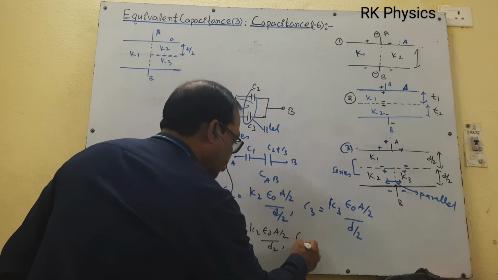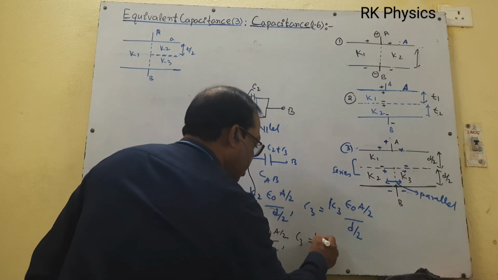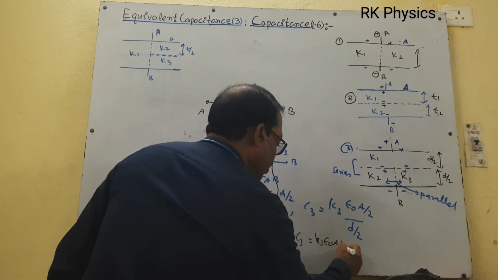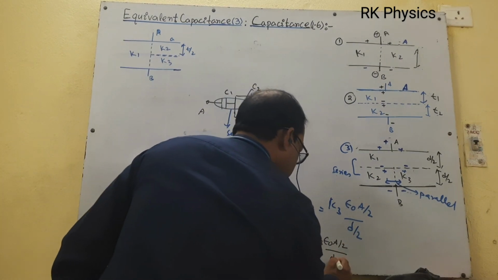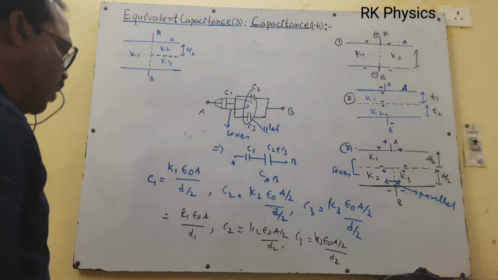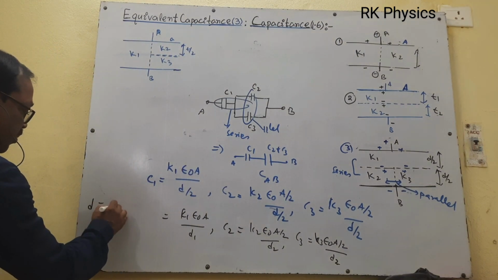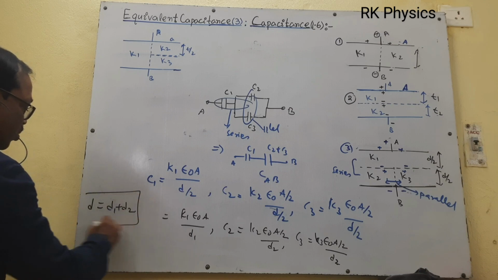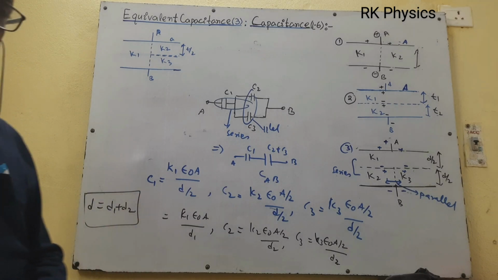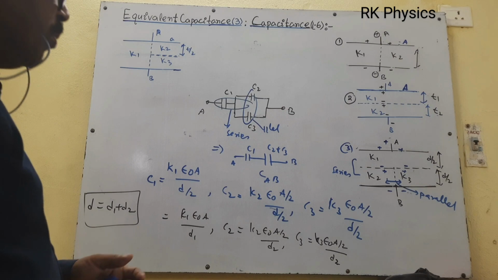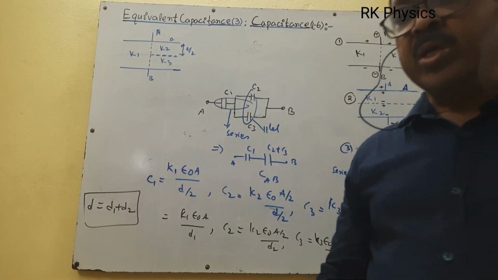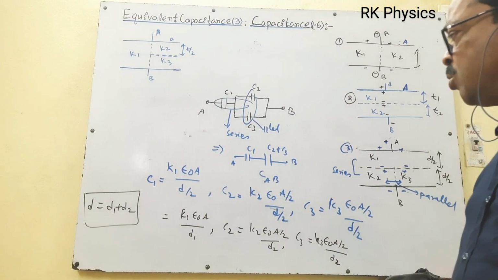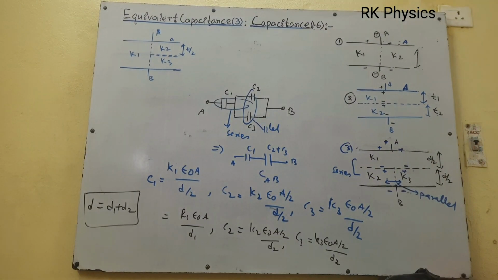Then C3 equals K3 epsilon 0 A by 2 divided by D2, both the same. So what is D1 and D2? D must be equal to D1 plus D2, that is, the distance between the parallel plates must be equal to D1 plus D2. If D1 is 1/3, 2/3, 1/4, 2/4, 3/4, accordingly you can put D2. So these are the sums related to this equation.